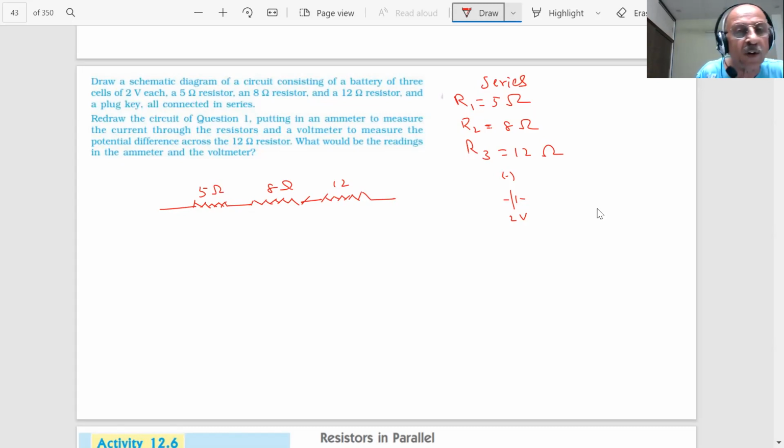Okay, then what will you do? How many cells are these? 1, 2, and 3, students. 2, 2 and 2 volt each. Okay. Total will become how much? 6 volt.